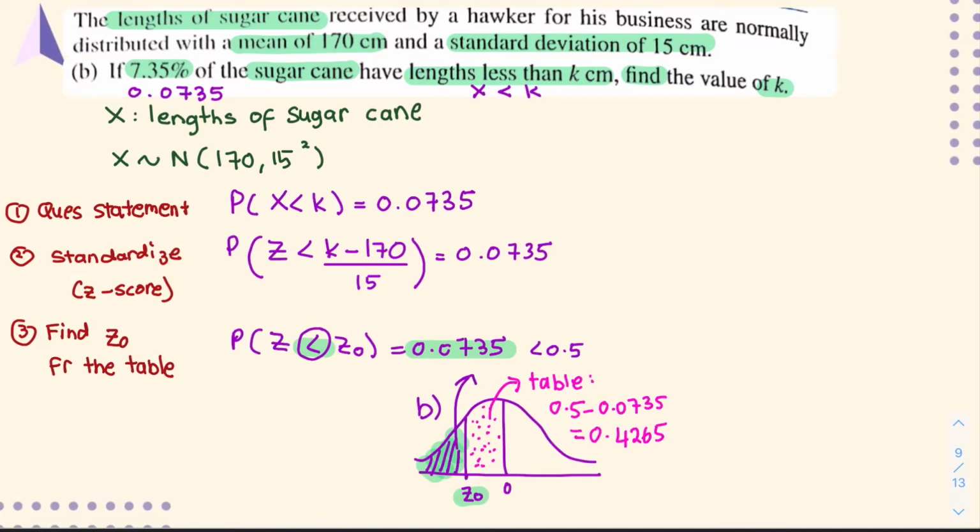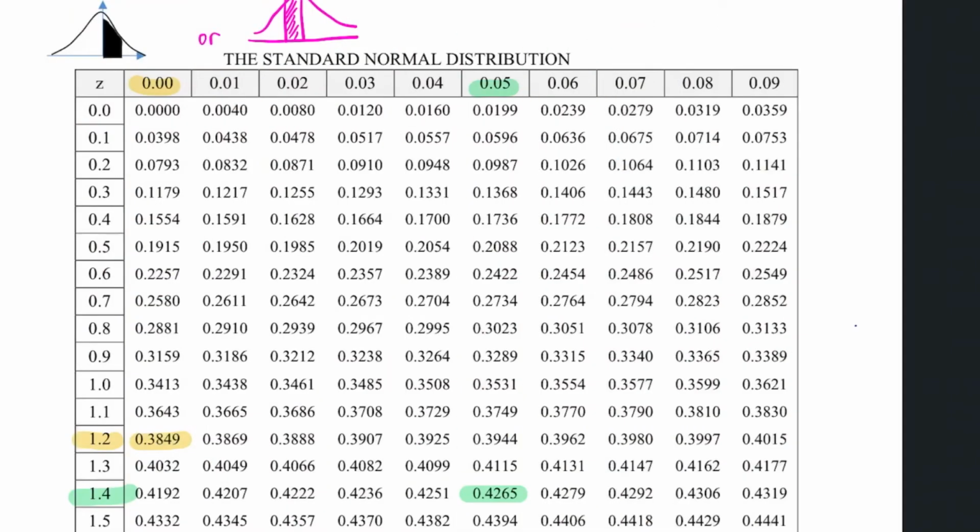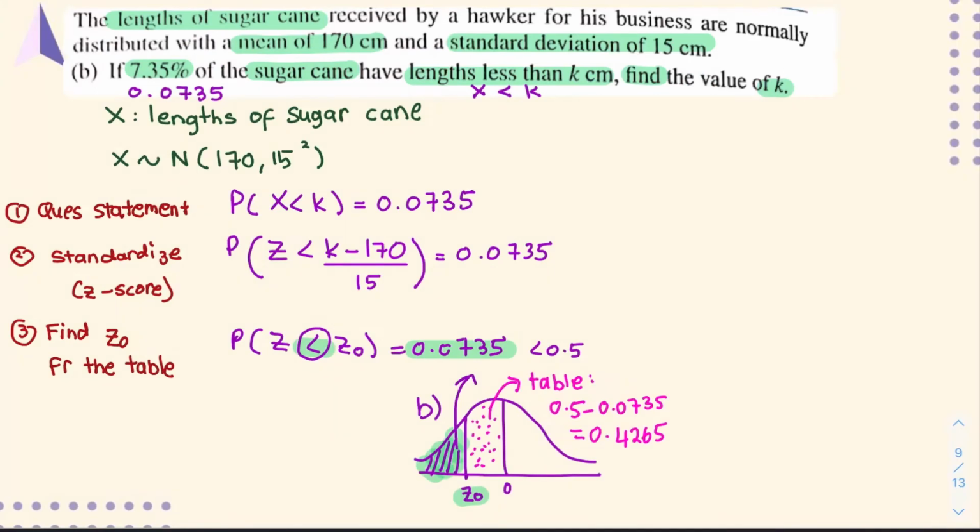And then find the closest value to your probability of 0.4265 in the table, where you will get exactly 0.4265 at your z of 1.45. Write down your answer: your z will be negative 1.45.